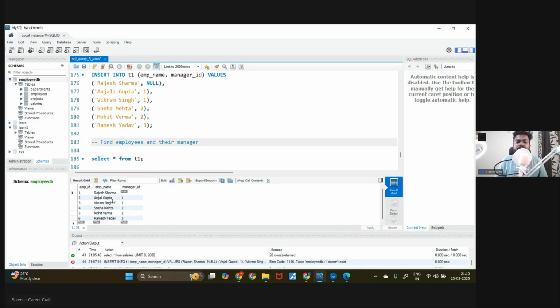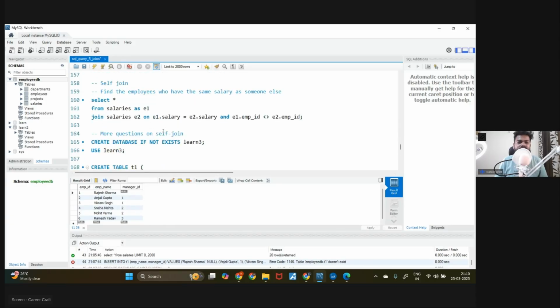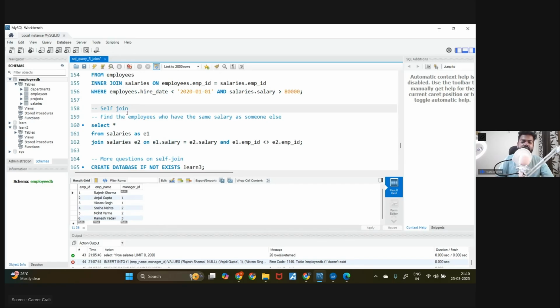That is Rajesh Sharma. It means Anjali's manager is Rajesh. Vikram's manager is Rajesh. Sneha's manager is Anjali. So it is some sort of hierarchical data. With self join, you can use this for tracking hierarchies.